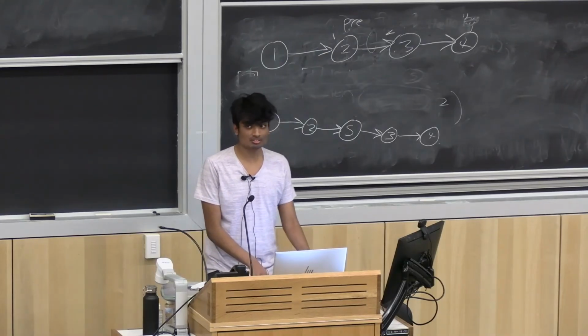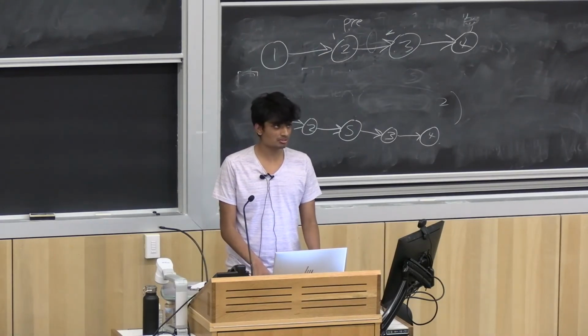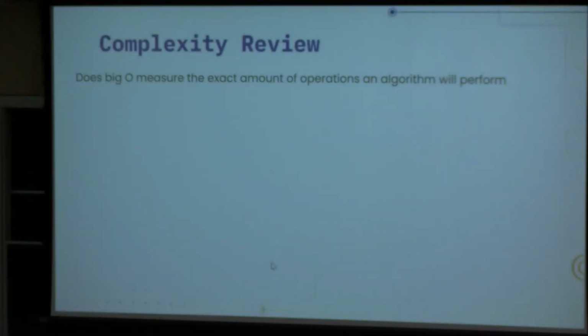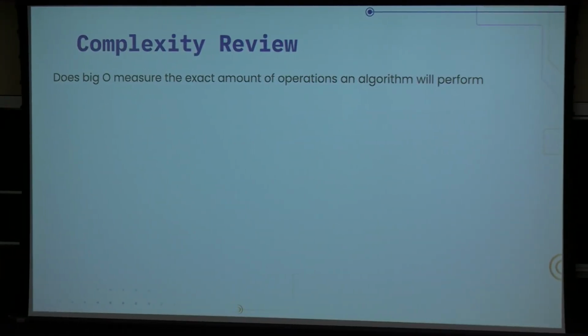Okay, so we will now move on to time complexity. The first question here is, does big O measure the exact amount of operations an algorithm will perform? Is it true or false?